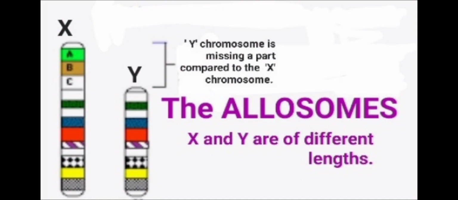The allosomes, also called the sex chromosomes, determine the sex of an organism. Generally, only one pair is designated as the sex chromosome, which is the 23rd pair. For a female, it is XX, whereas for a male, it is an X and a Y chromosome.